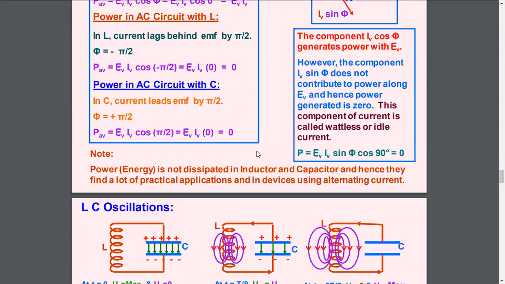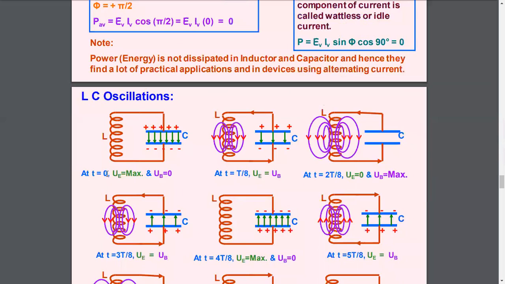That means a circuit consisting of only an inductor and a capacitor, with no power source and no AC supply connected to it. So first of all, we will take a completely charged capacitor connected with an inductor in series and no AC supply is there.